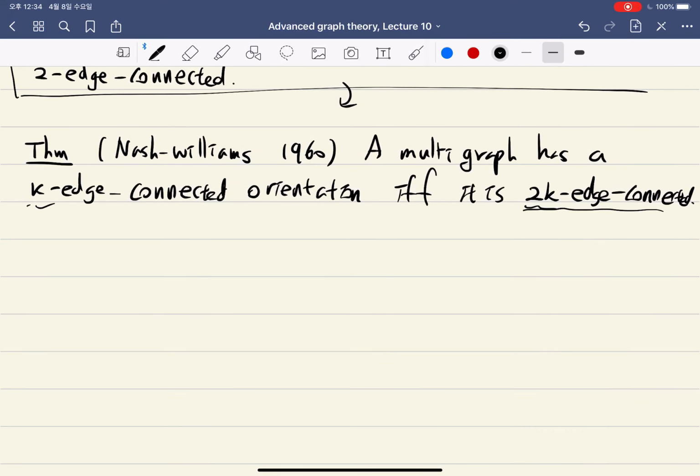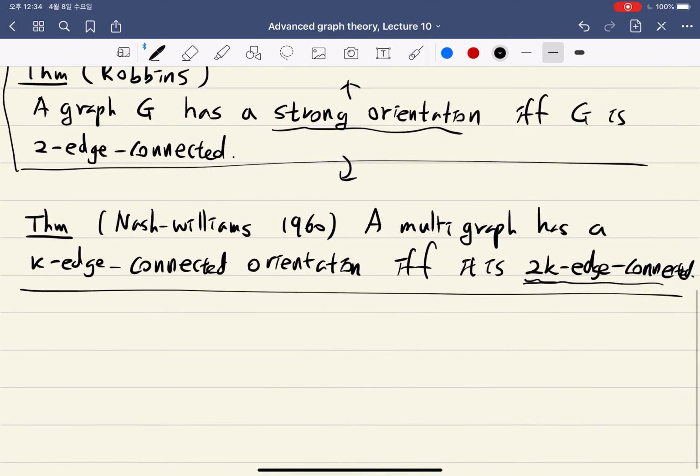And this is something that we want to prove today. Actually, Nash-Williams' theorem is stronger than this.